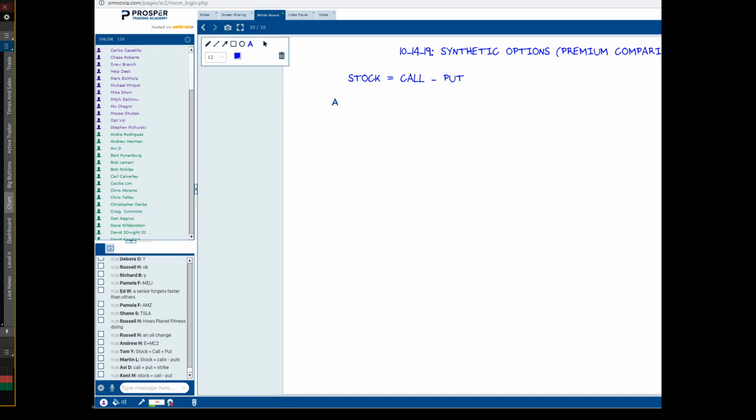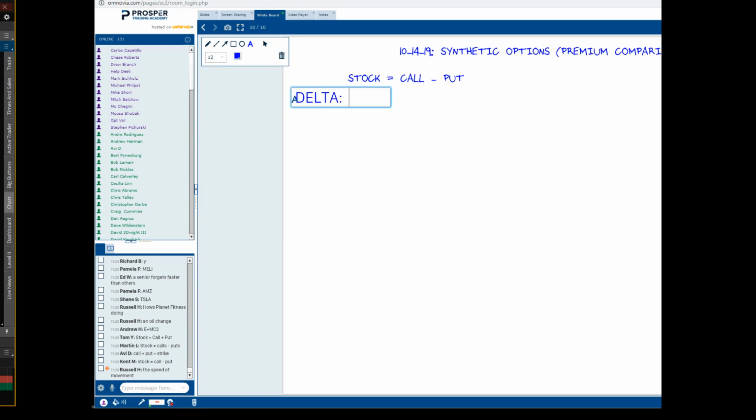So if you think about it first, looking at it from a delta standpoint, okay, the delta of stock is what? Anyone? Okay, perfect. 100.